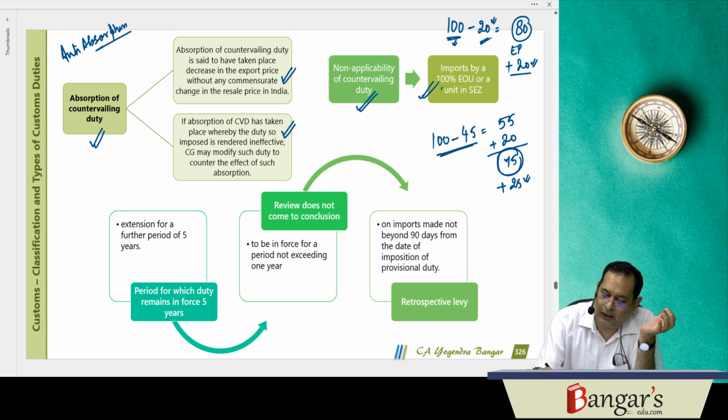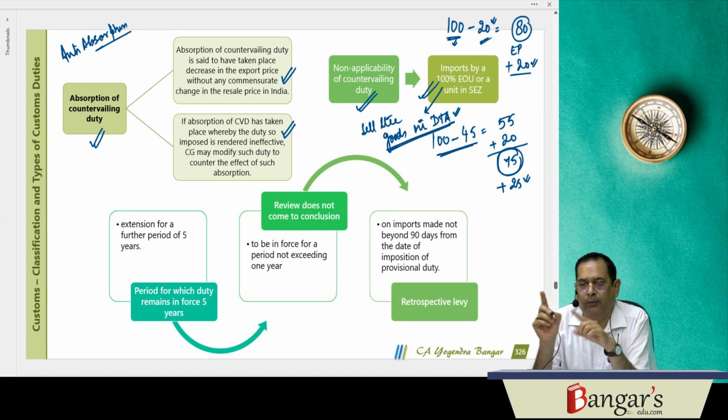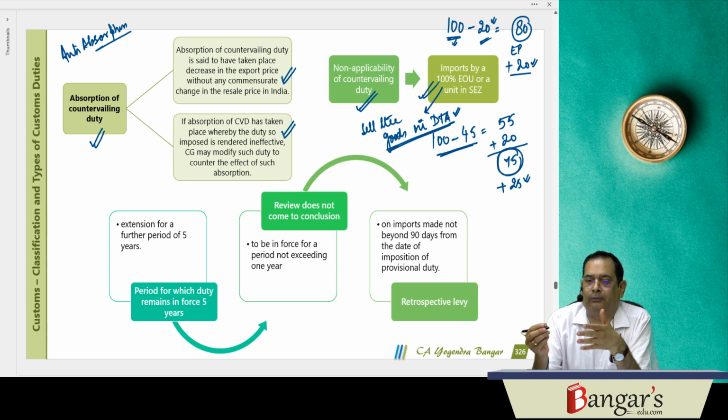But when the 100% EOU or unit in a SEZ sells the goods in domestic tariff area, then in that particular circumstance, the CVD which was to be imposed initially will be imposed when the goods have been sold in the domestic tariff area.